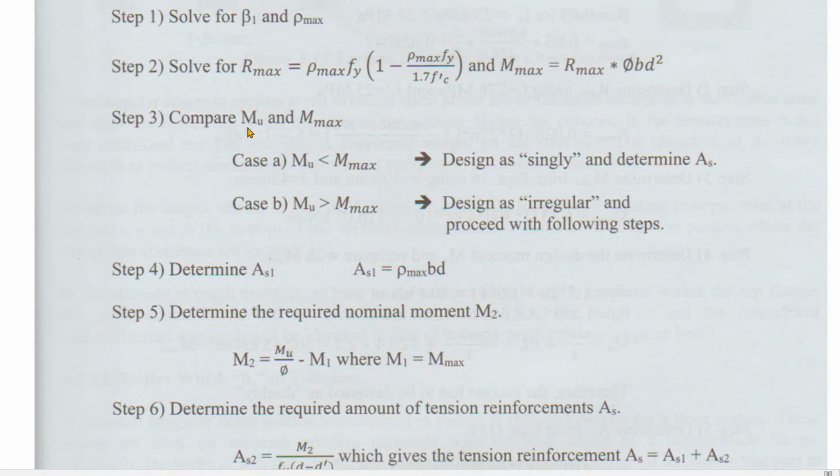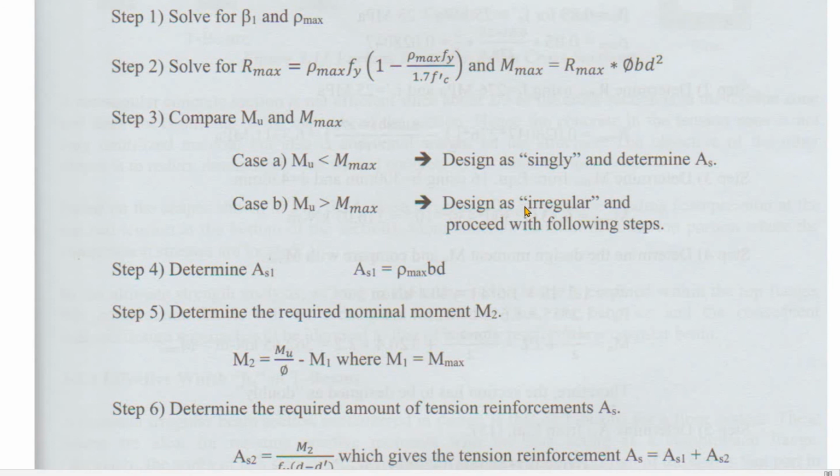And then, step 3, compare Mu and Mmax. Here, if Mu is greater than Mmax, then design it as doubly reinforced. Okay? If Mu is smaller than Mmax, it means the SRB is larger than needed. So, design it as SRB only, or only AS is needed. So, this is important. Case B, Mu needs to be greater than Mmax. That's the time you design it as doubly reinforced and proceed with the following steps.